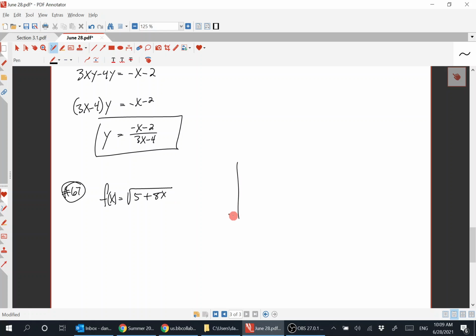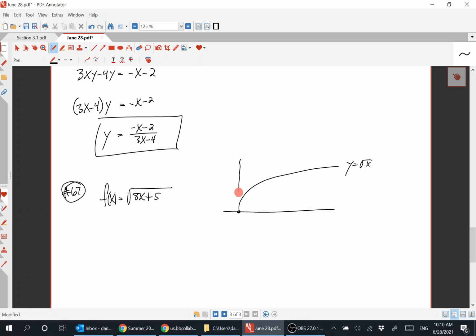And the graph of this looks like what? So square root of x looks like that. This one is square root of 8x plus 5.